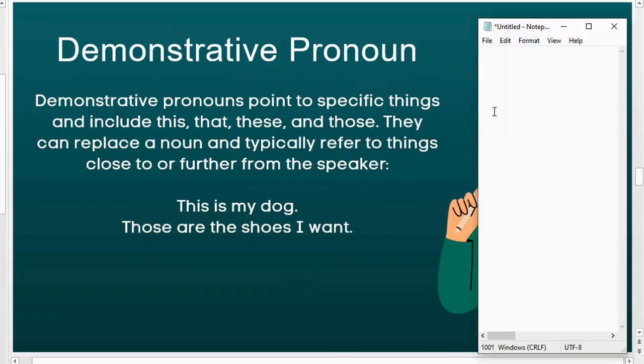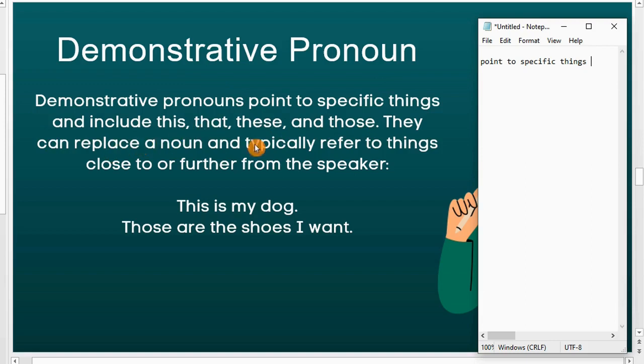Demonstrative pronoun. If I write it in short, it points to specific things. Demonstrative pronouns point to specific things and include this, that, these, and those.